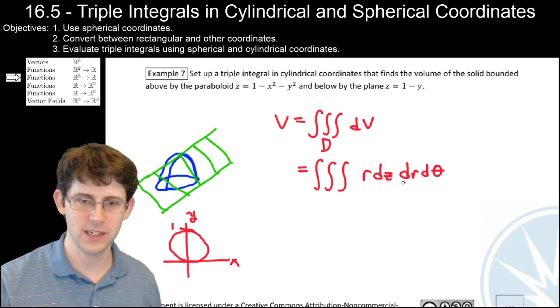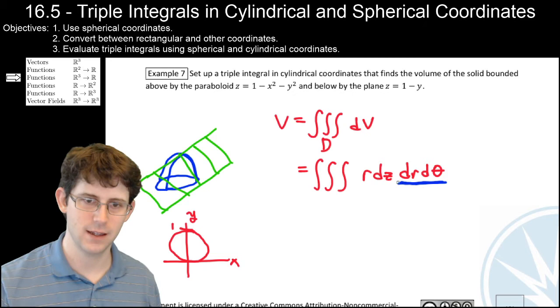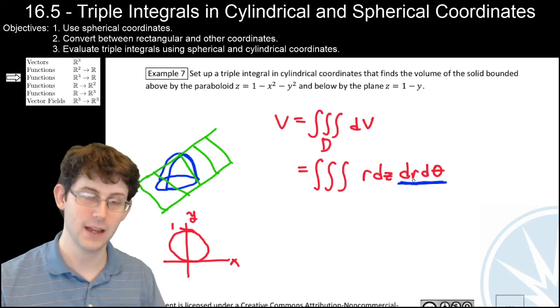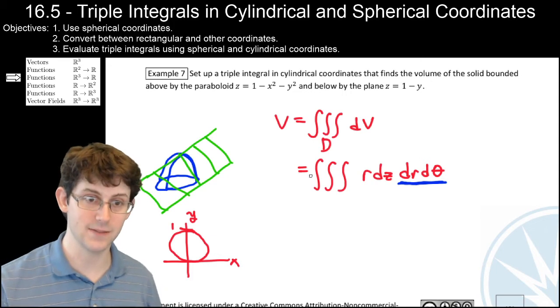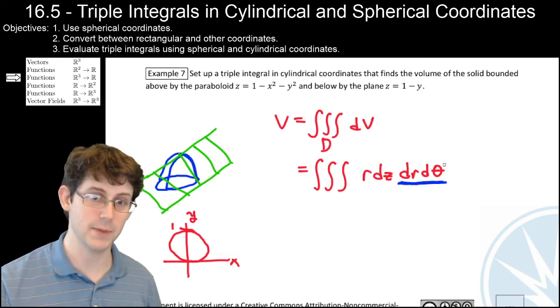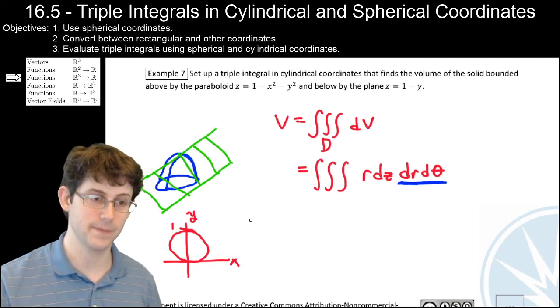So when we're setting up the bounds, you first deal with the outermost bounds. In the past, our outermost bounds were usually dx, dy, so we were looking at the xy plane to figure out what to do with them. Here, I'm keeping that alive: my outermost bounds aren't x and y, but I can think of the same thing being in the r theta plane, and so I deal with those first.